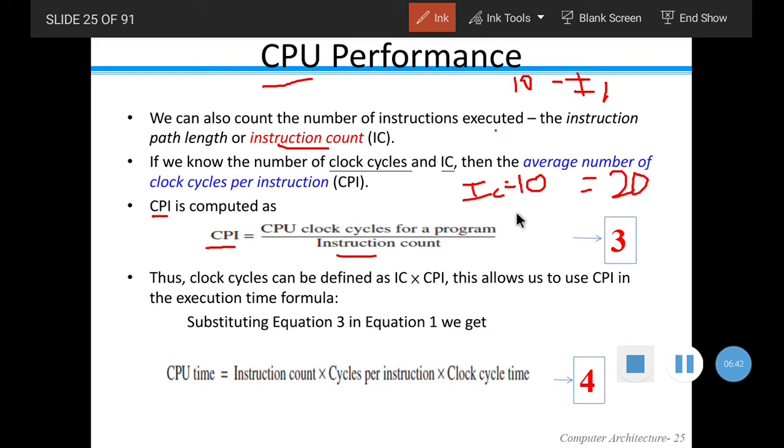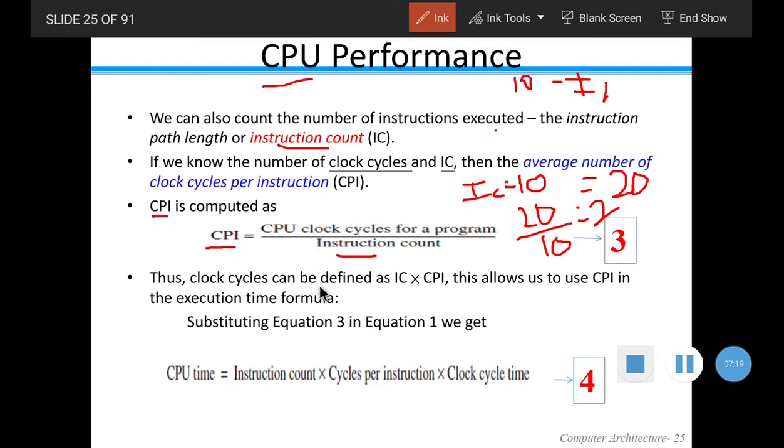Then clocks per instruction is 20 divided by 10, which is 2 clocks per instruction. This is how we calculate clocks per instruction. When you solve some problems, you will understand how to use these equations. For now, clocks per instruction is CPU clock cycles for a program divided by instruction count.